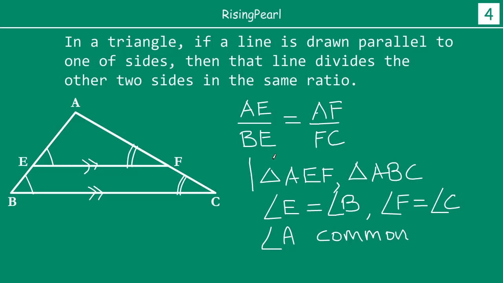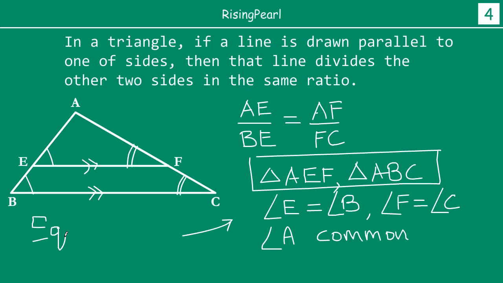So what do we have? That means these two triangles are equiangular triangles, because the corresponding angles are equal.